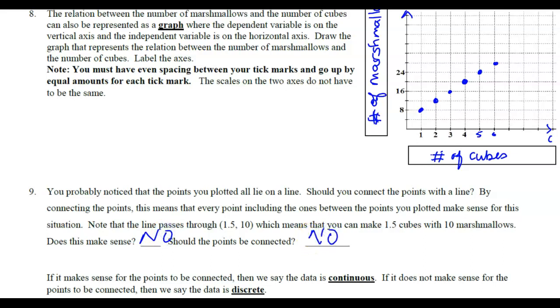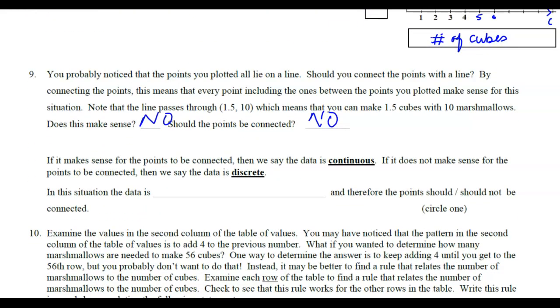No. You can't have half a cube because then it's not a cube. If it makes sense for the points to be connected, we say that the data is continuous. If it does not make sense, we say it's discrete. In this situation, the data is discrete, and therefore the points should not be connected.